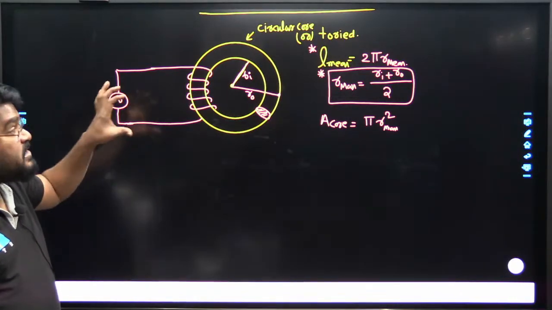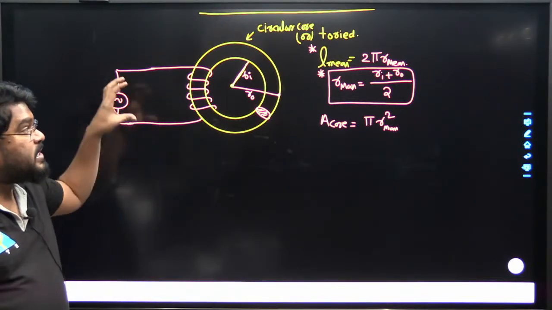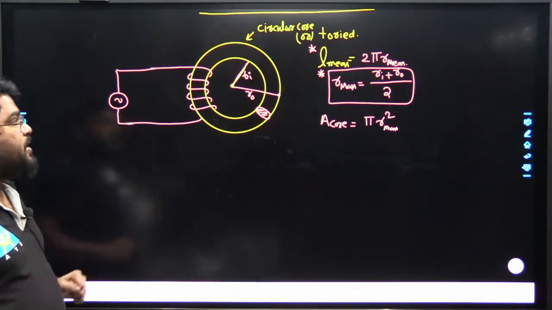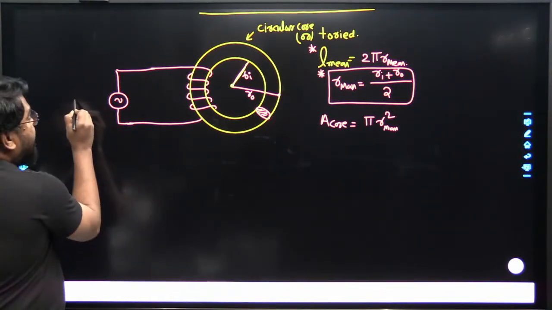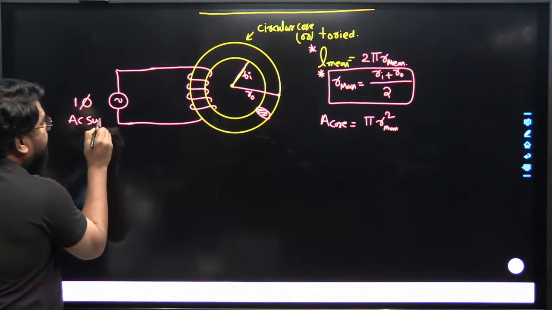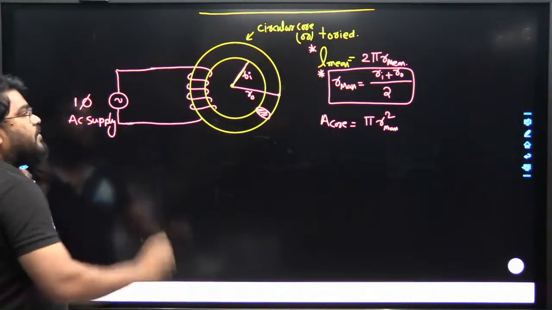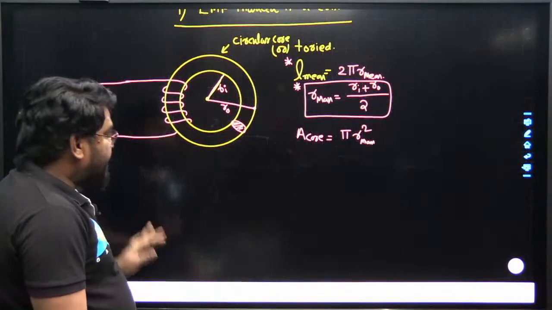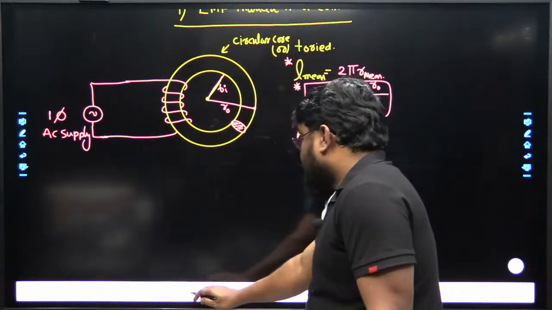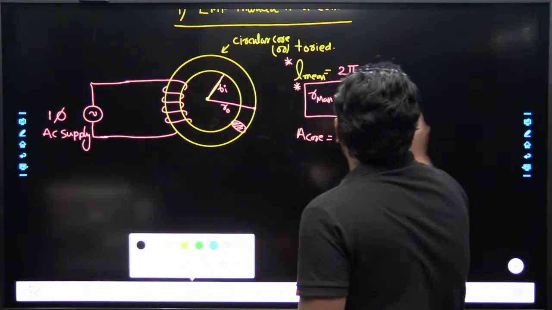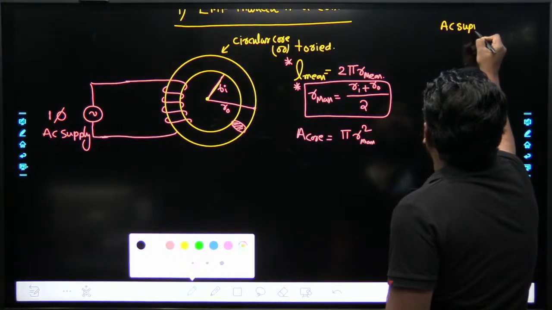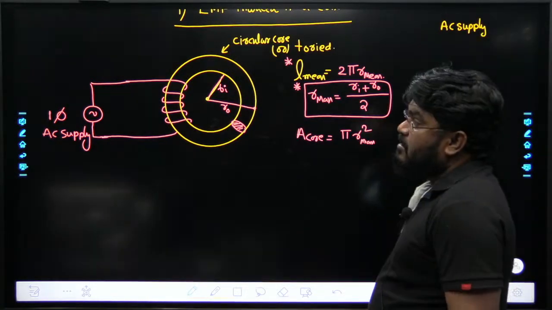Our question is, how does EMF get induced in the circular core and how do we find the polarity of the induced EMF? Whenever a coil is excited with the AC supply, what will happen initially?